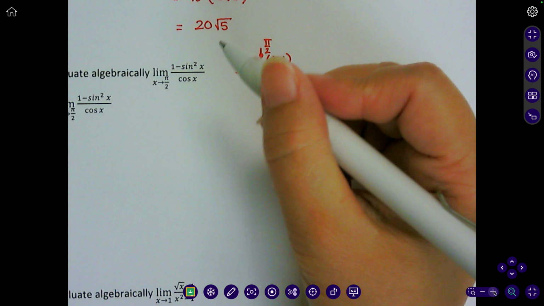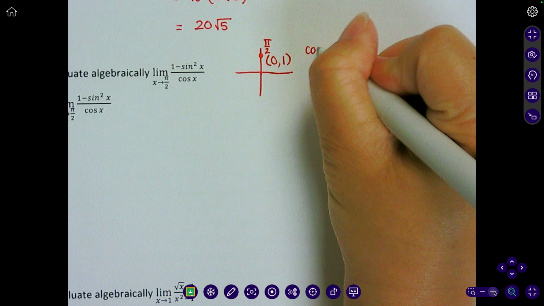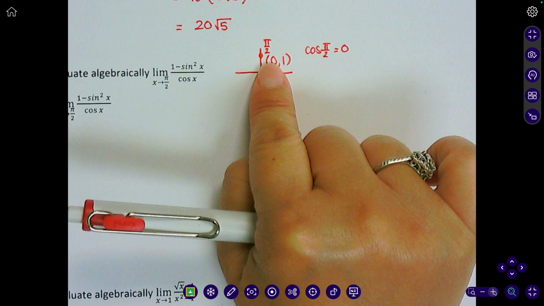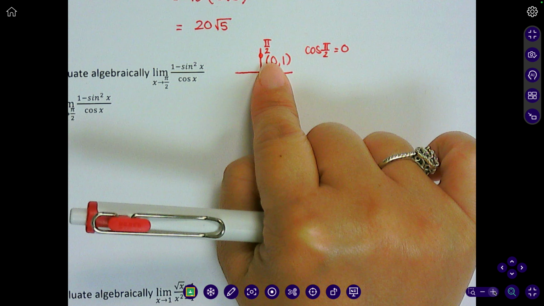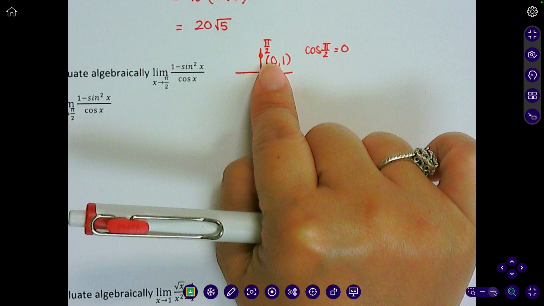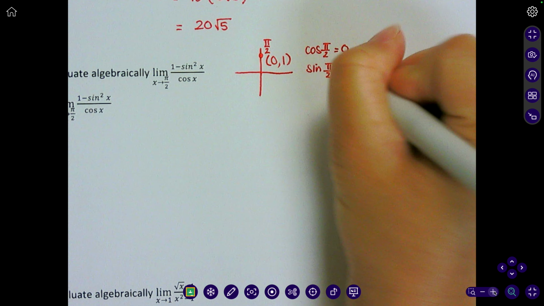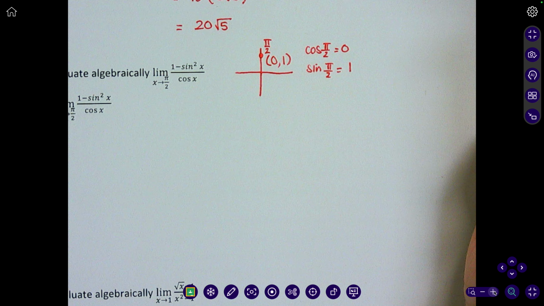So based on that, I know that cosine of pi over 2 is 0. Cosine is the x value. Last year we talked about that, right? Cosine is x. Sine of pi over 2, that's y. So that's the 1. Are we good?